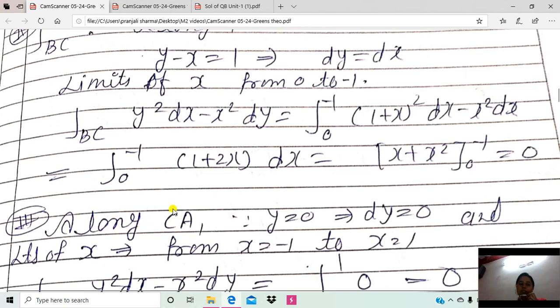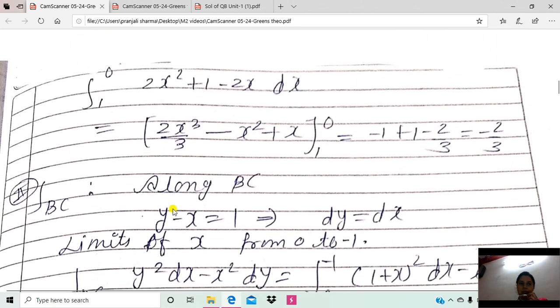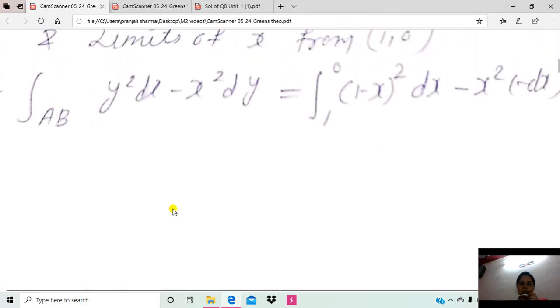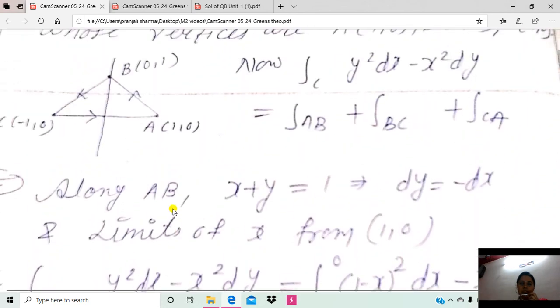So let's check the diagram and let's find out the limits. Since the third line is the line CA, as we can see it is the x-axis, therefore here the value of y is 0, therefore dy will be 0.